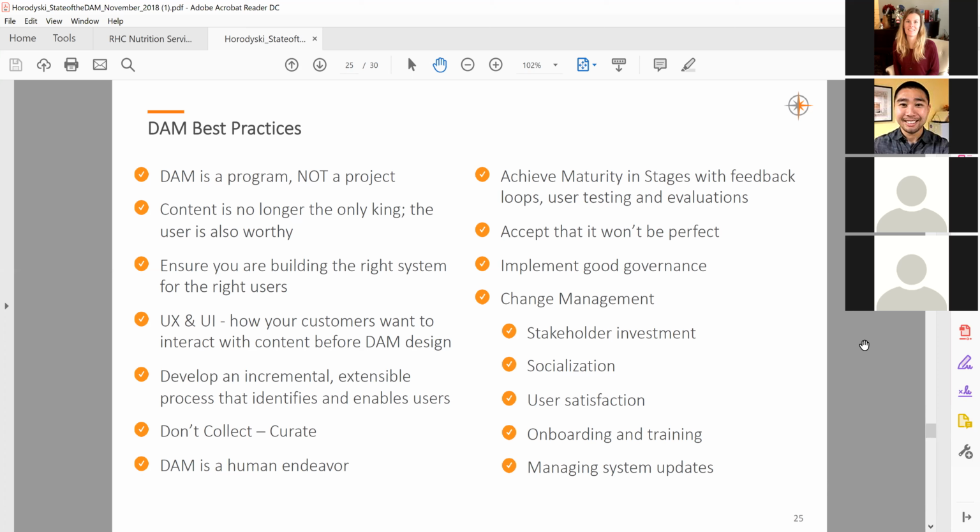The next one is to achieve maturity in stages with feedback loops, user testing, and evaluations. Time and time again, I see organizations who just forget to do this step, and that is taking the time, whether it's quarterly or biannually. You set those mechanisms up, but go and get feedback. Make sure there's an FAQ button or a help button on the page somewhere.